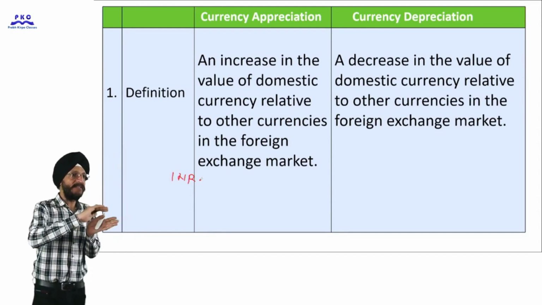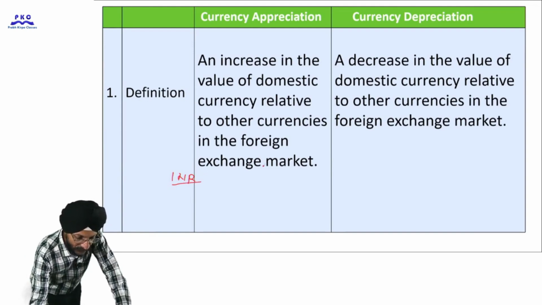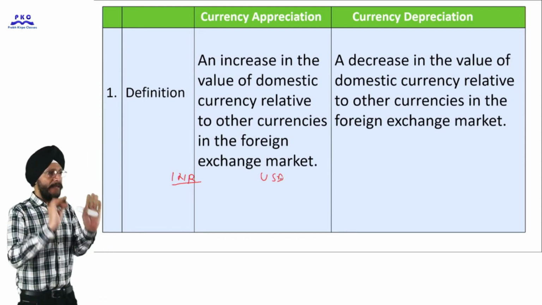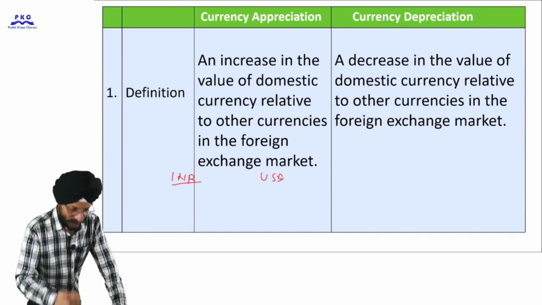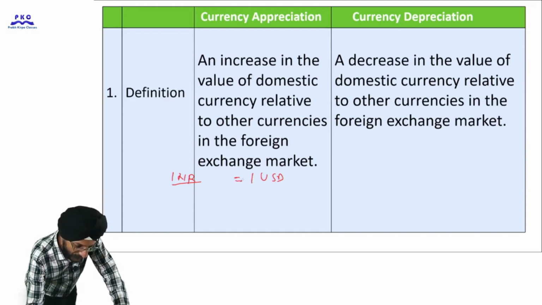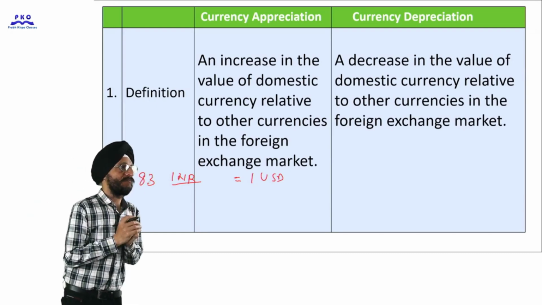So at present I am living in India and my domestic currency is Indian rupee and another currency, say, is US dollar. At present, if I want to purchase one US dollar, I will have to pay approximately 83 Indian rupee to get one US dollar.